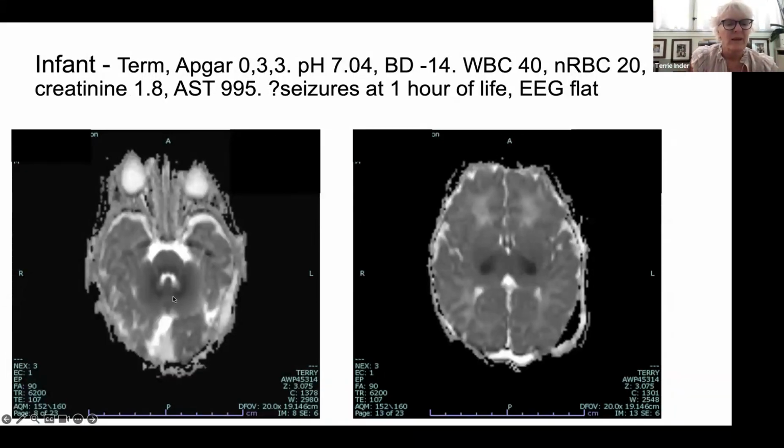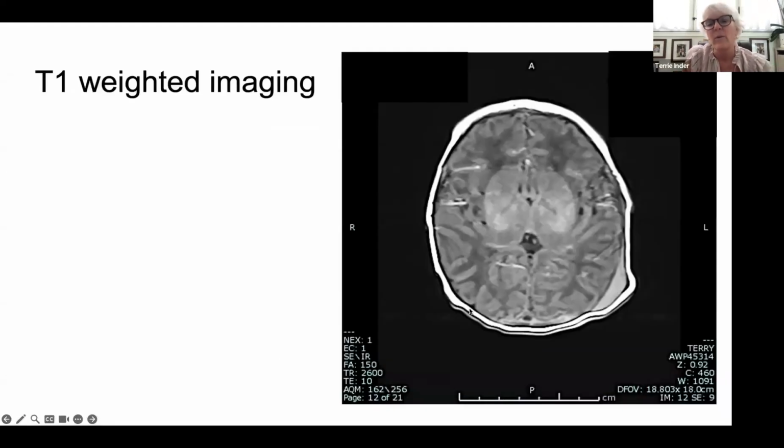You can see the abnormalities here in the cerebellum and in the brainstem, and these abnormalities here in the hippocampus, all consistent with severe brain injury. And you can see here bilaterally the thalamic injury as well. So this is a profound insult that occurred. The T1 also, interestingly, even though we're at 20 hours of life, was not completely normal.